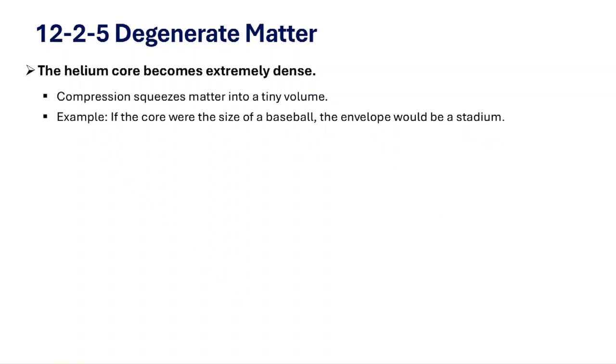Now to give you a sense of scale, imagine if the core were the size of a baseball. The outer envelope of the star would be the size of a stadium. And that's how small and dense the core is compared to the rest of the star. So this extreme compression is what sets the stage for the unusual physics we will see next.